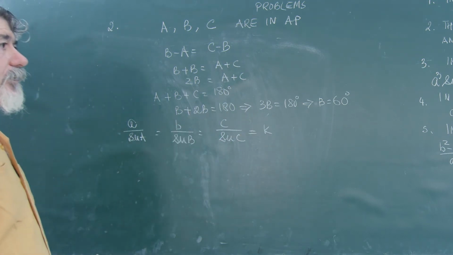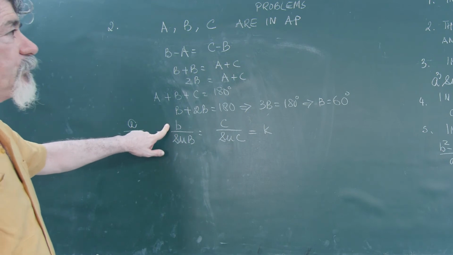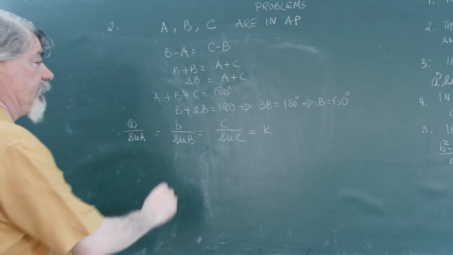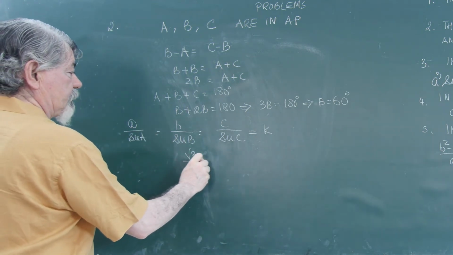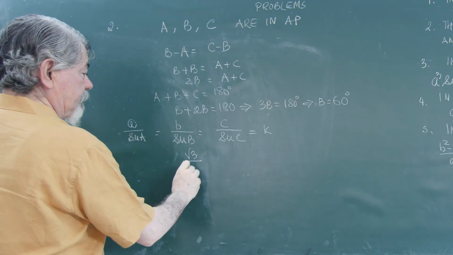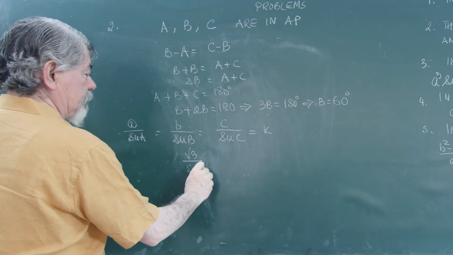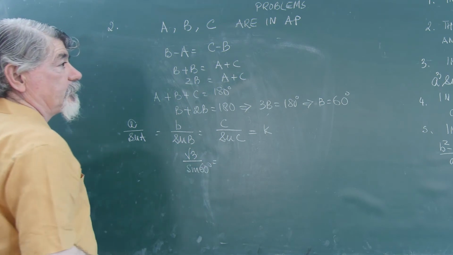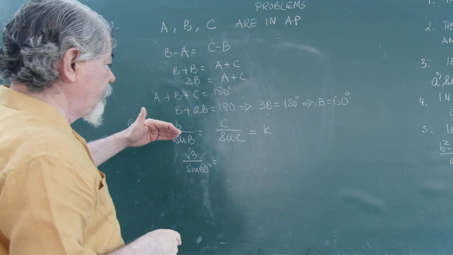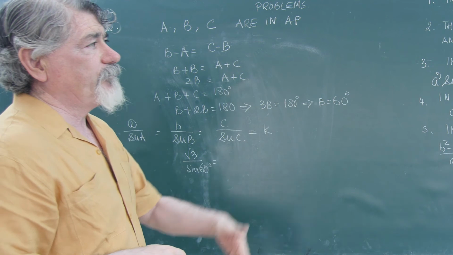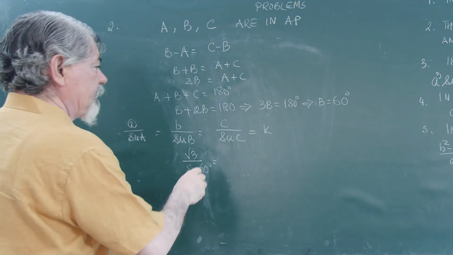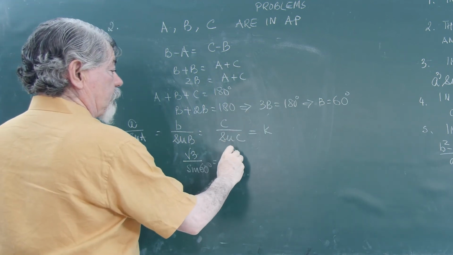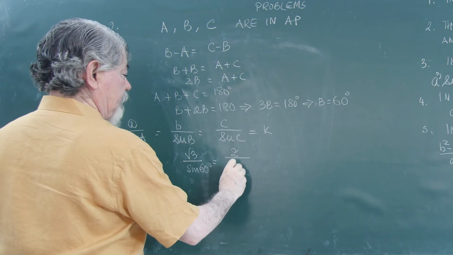B is given as root 3 upon sin B, and sin B means sin 60, is equal to 2 upon sin C, because they are given in the form of ratios.